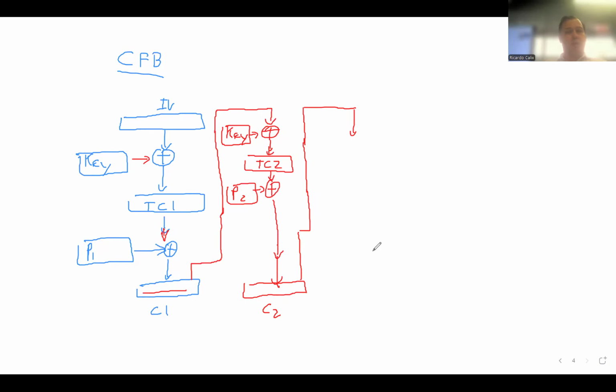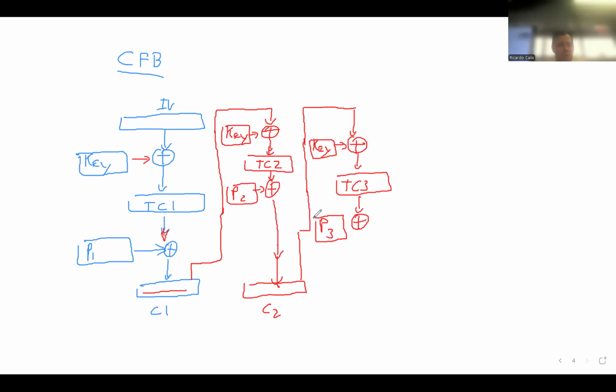Then I guess I can do one more. So this block comes in, and then you have the key again coming in. Key goes in, and that will produce TC3, temporary cipher 3 is what I'm calling it. And that takes in another XOR operation where you have P3, which is the next block of the plain text message.